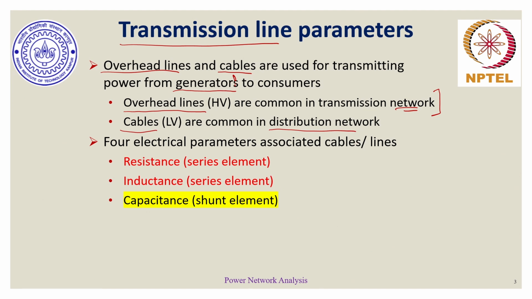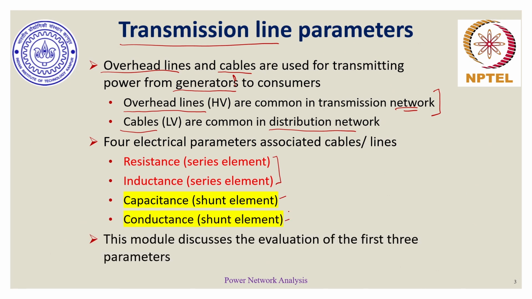The first 3 are shown here, the first 2 being the series elements, which are resistance and inductance. The third one, in yellow, is the shunt element, the capacitance. Additionally, we also have a 4th element, which we call conductance, which is basically the inverse of the resistance, and it also happens to be a shunt element.